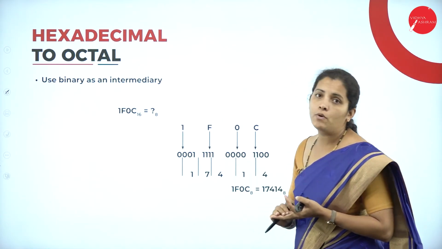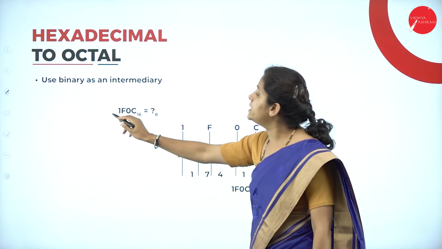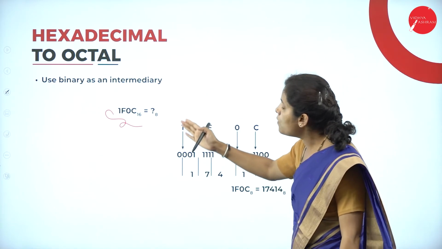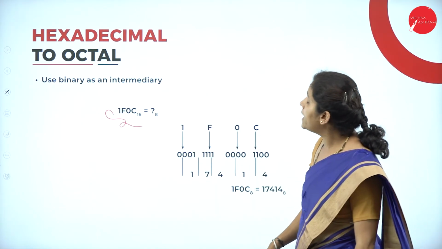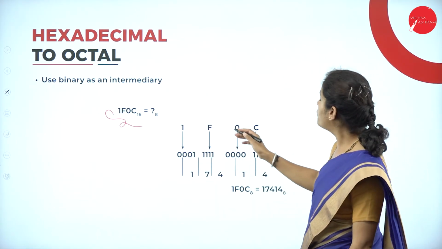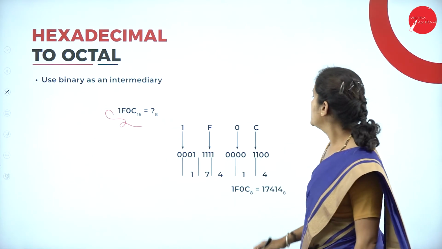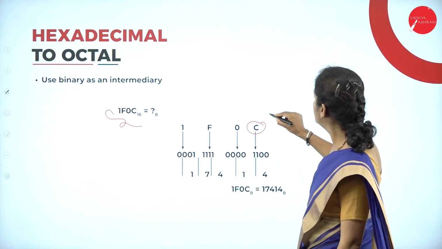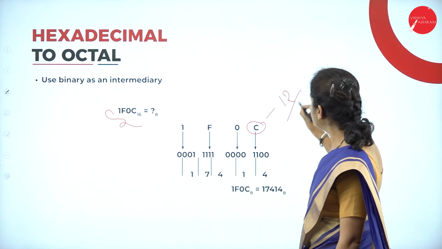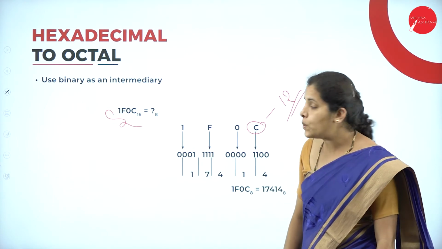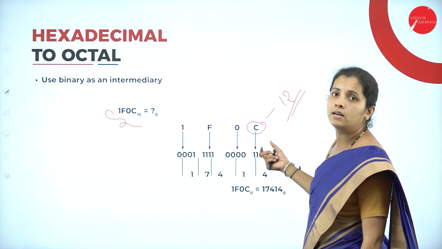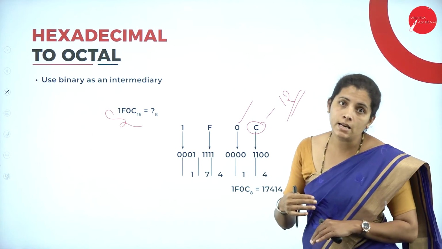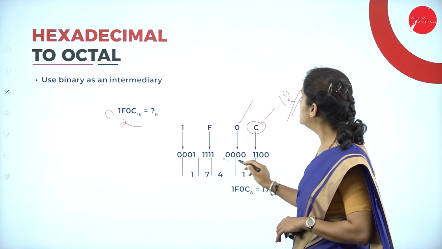So initially, I'm going to split this hexadecimal number. Now I'm going to write the binary representation of this hexadecimal number. So here C means how much? It is 12. So what is the binary representation of 12? It is 1100. Then here 0, what is the binary representation of 0?